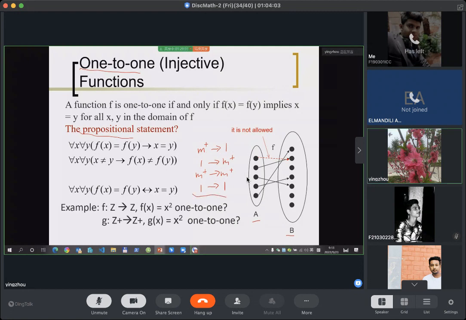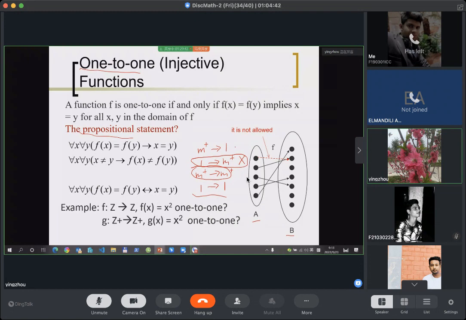And we know that here, one-to-many is not a function because it doesn't satisfy the definition of a function. We cannot permit one input to give many outputs, so it is not. And similarly, if many inputs refer to many outputs, that is also not a function by the definition.